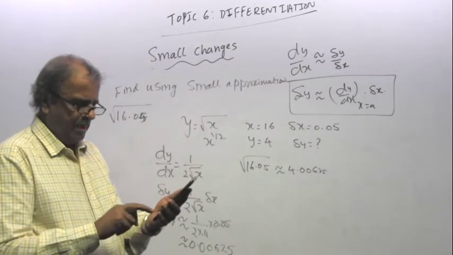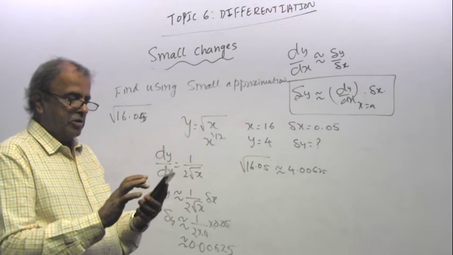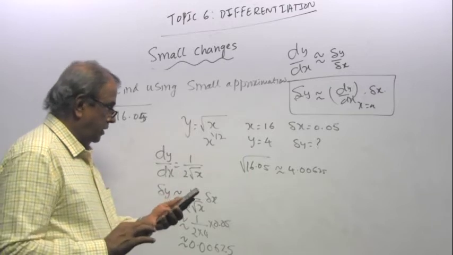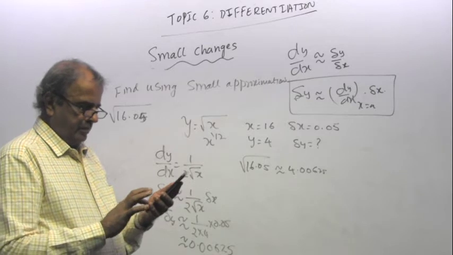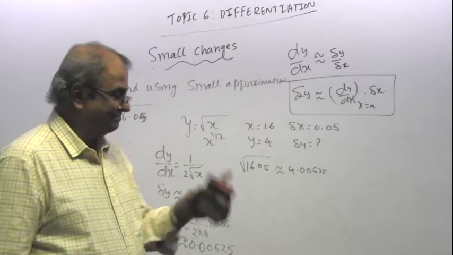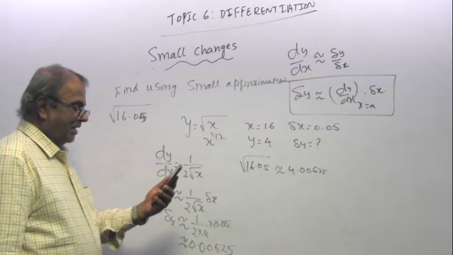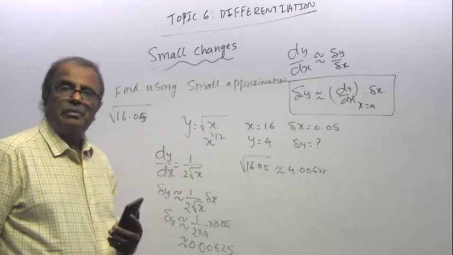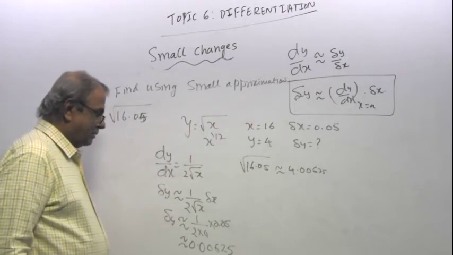Shall we check? How good is it? We're looking at the square root of 16.05, which is 4.006245. So when you round it to the fifth decimal place, they agree.